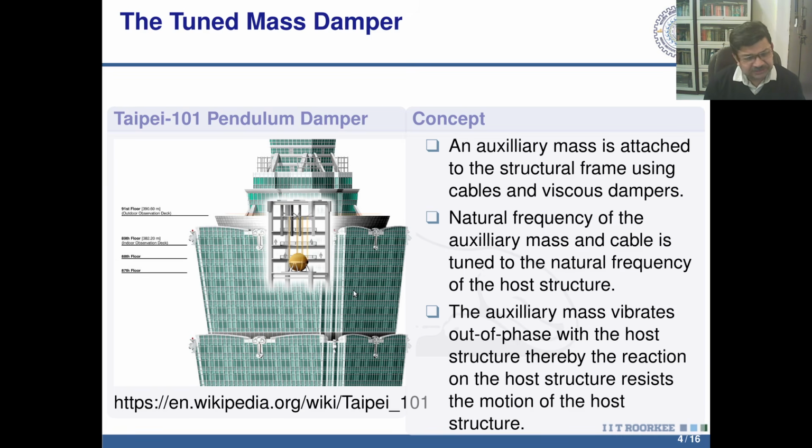So that is the basic idea behind a tuned mass damper. You can read more about this particular building from this Wikipedia entry.